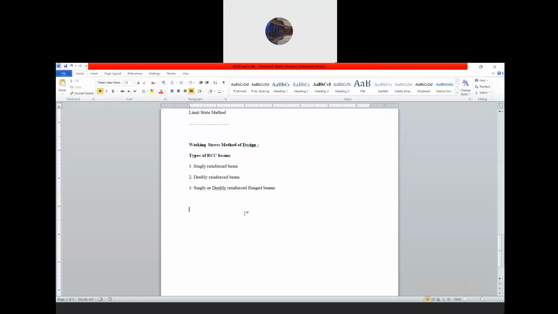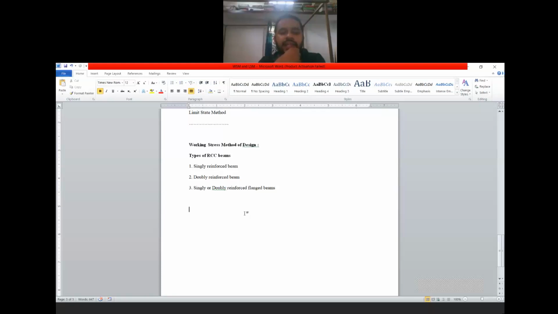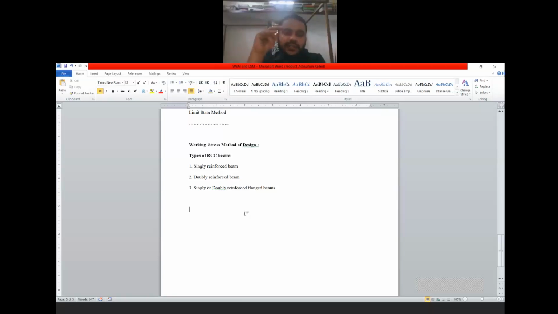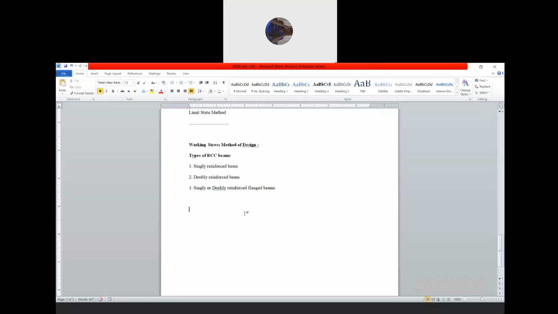You can guess. Doubly reinforced means there will be two layers of steel. But in which portion will we provide those two layers? Compression zone. And what about the tension zone?